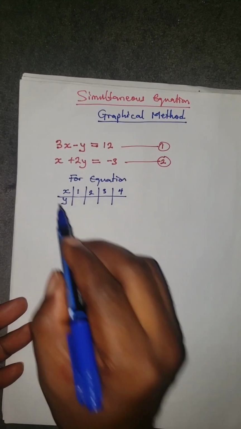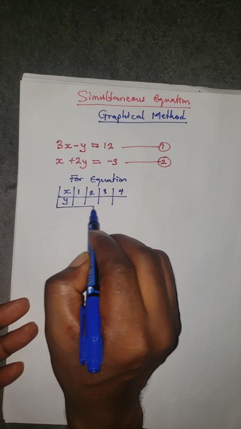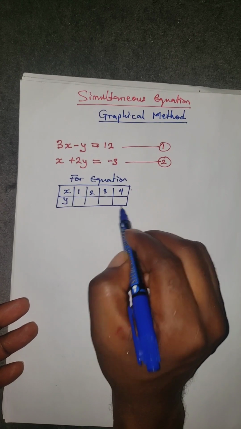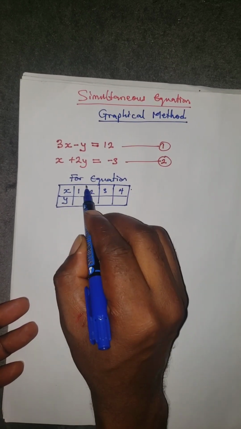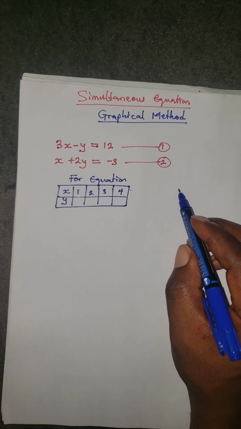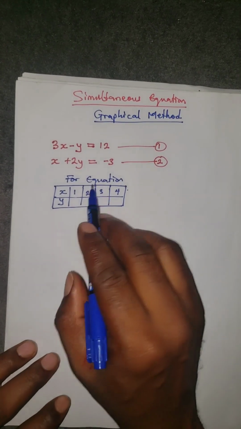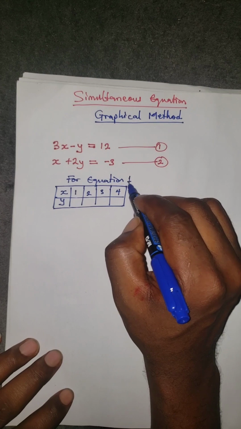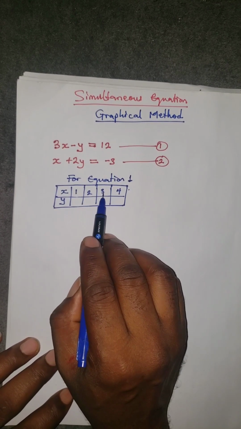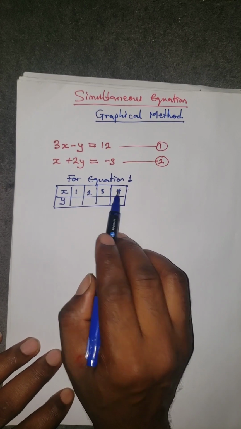So let's just use these four values of x to find the corresponding values of y. So I can go to my rough sheet and solve for equation 1 at x equals 1, at x equals 2, at x equals 3, and at x equals 4.